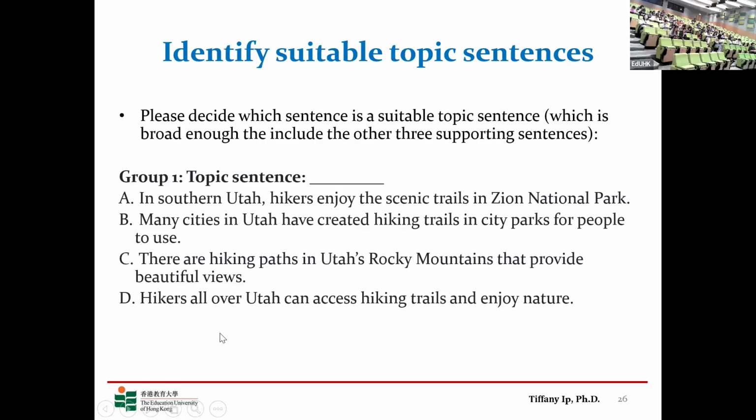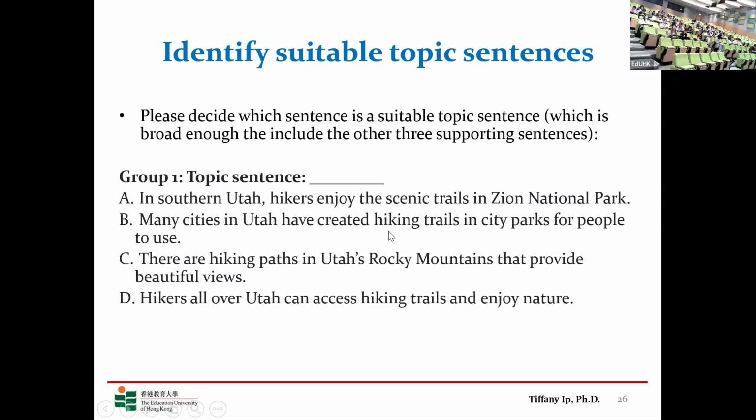And D says hikers all over Utah. It's like different places of Utah access hiking trails and enjoy nature. And so these parts are being mentioned in A, B, and C. So here you can learn a little bit from the answers, to see how much information you need to give in a topic sentence.